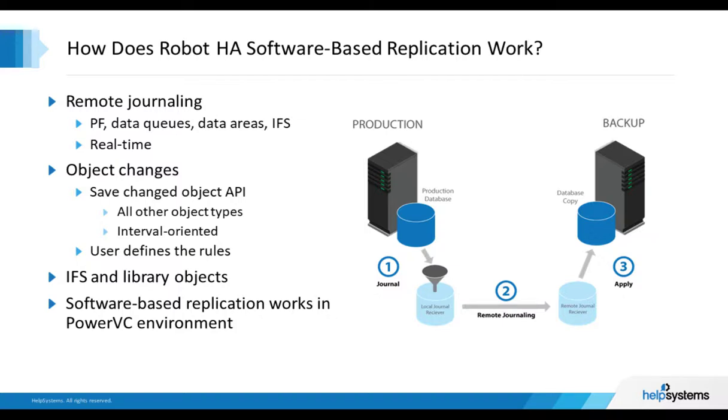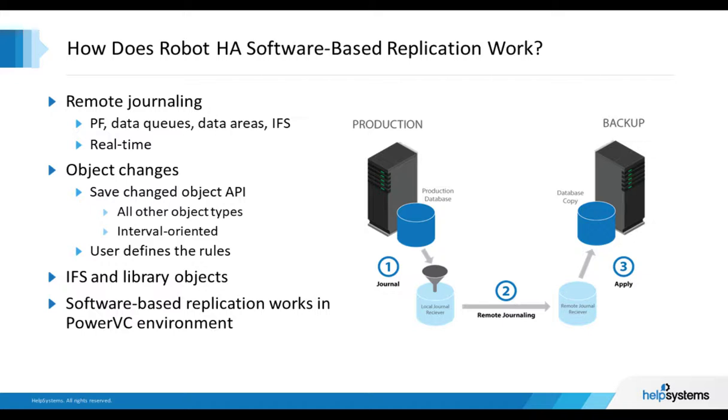What you're doing here is you're defining what libraries, what physical files, what data areas, what IFS directories do I want to replicate. Now, in the case of this, we don't use independent auxiliary storage pools. We're just using your standard system pool to be able to replicate your data real time, record by record, transaction by transaction. It's going across the connection.